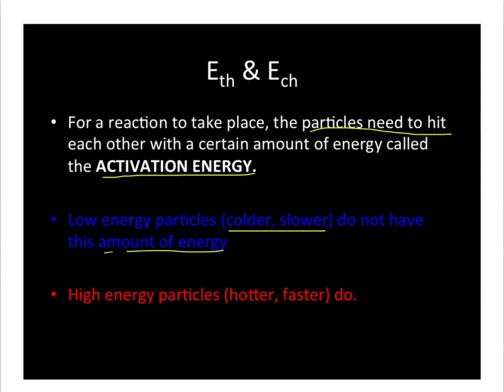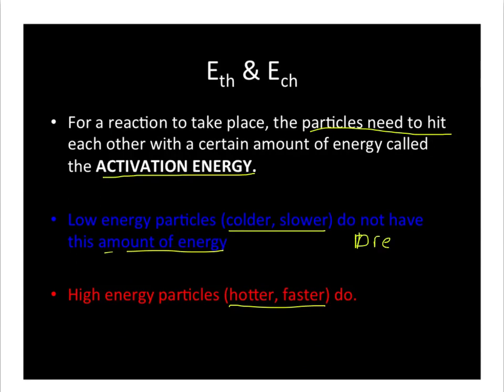High-energy particles tend to be faster, and they hit harder. They contain this activation energy on their own, whereas the low energy particles tend to need some help to get that activation energy, to get that reaction to happen, which is why we put our food in the fridge.